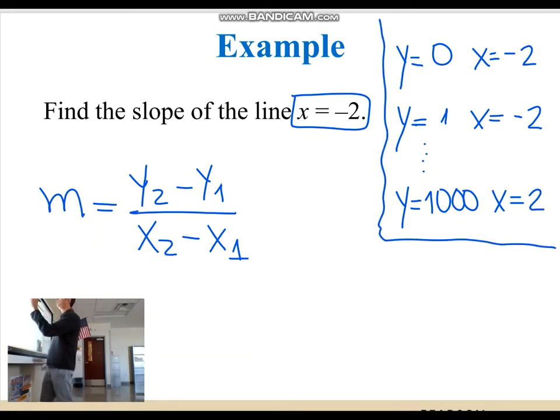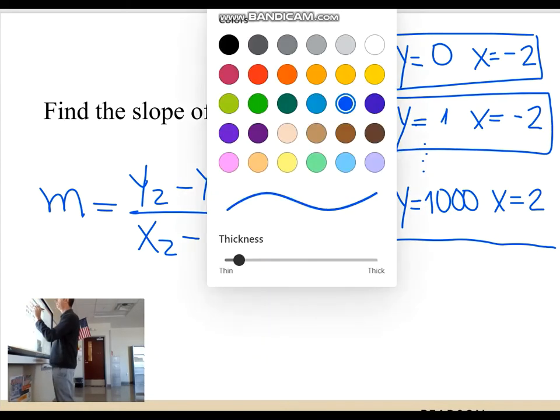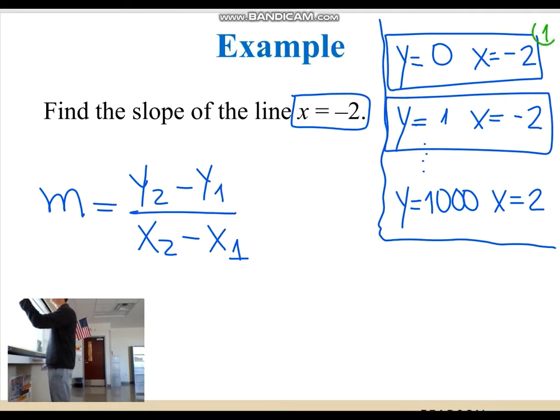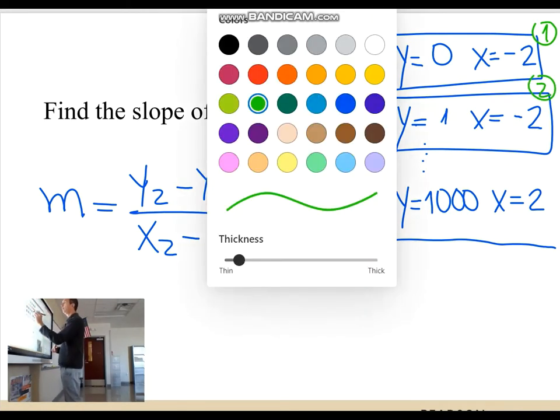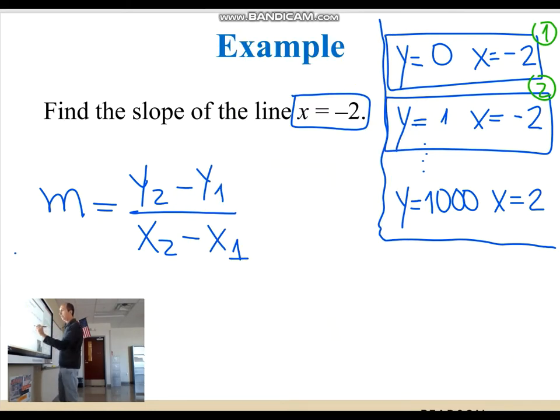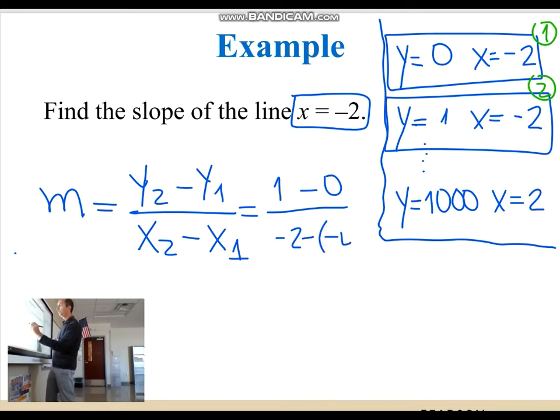We will assume this point here as point 1, and that other one as point number 2, and you're going to plug the numbers into the formula. Again, just an exercise to understand. y2 is going to be 1, y1 is 0, over x2, -2, minus x1, -2 as well.